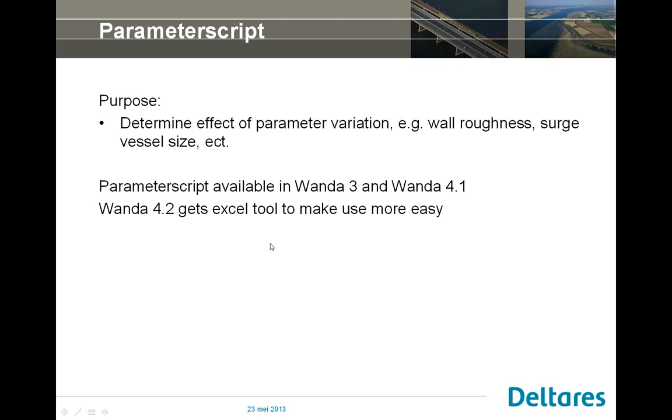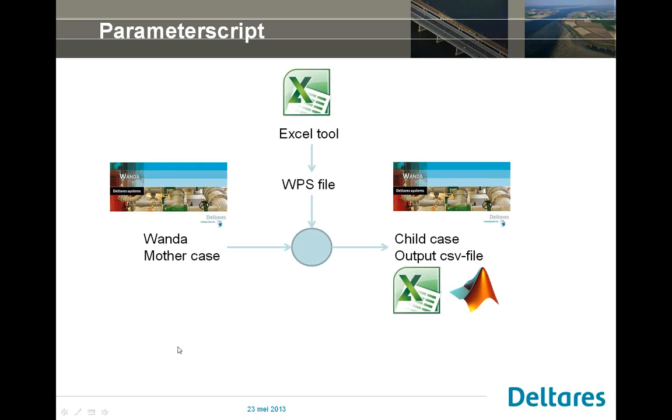To make it more accessible, we're going to release an Excel tool, so hopefully more people are going to use it. And how it is going to work is like this. You start with the WANDA user interface to build a model case, where you just put your pumps, your pipes, and your valves in it, and also, if applicable, your control system. Then you take the Excel tool, and there, I'm going to show you later how this works, you're going to put in all information about the inputs and outputs you want.